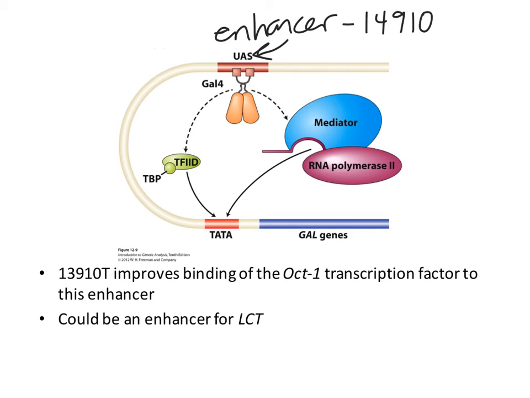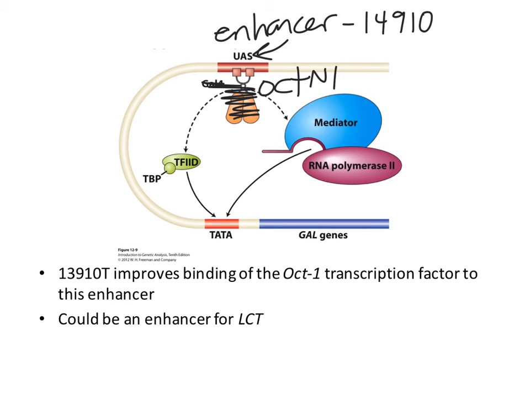What protein binds there? In this case, it's GAL4. In lactose tolerance, what's happening in my gut? Which protein is binding that enhancer for lactase? OCT1. So if we want to make this customized for the story I just told, you replace GAL4 with OCT1.